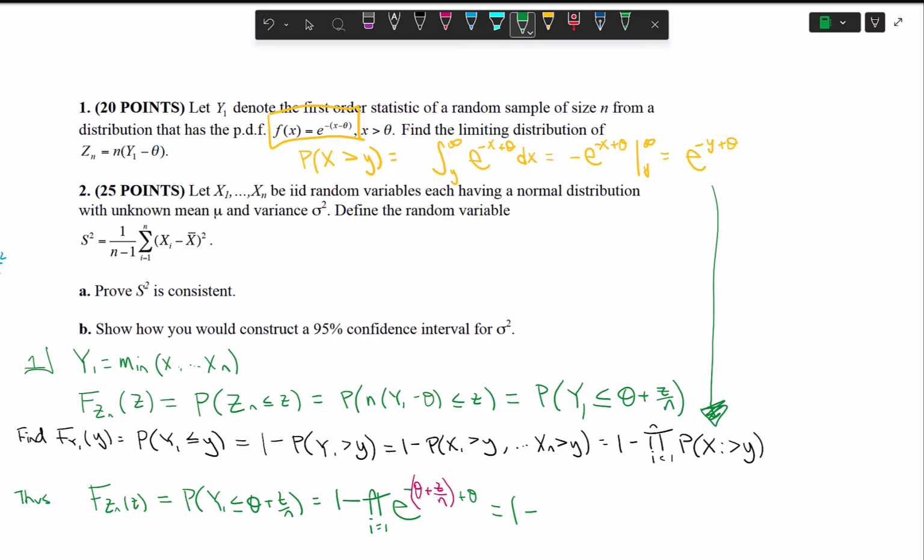This is going to be the product from i equals 1 to n. The thetas will cancel. We just have e to the minus z over n. Multiply z over n in the exponent n times. That's e to the minus z. Thus, we take the limit of this.